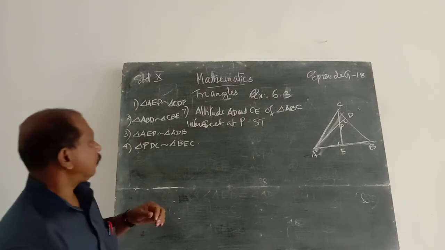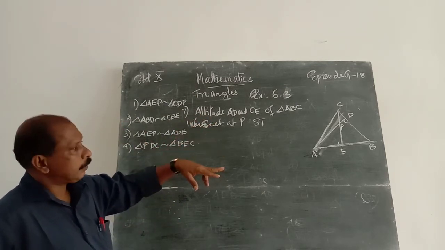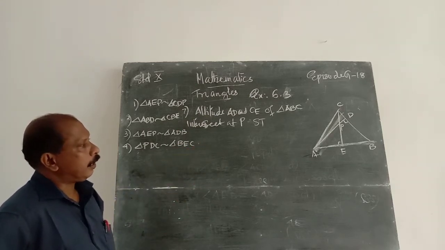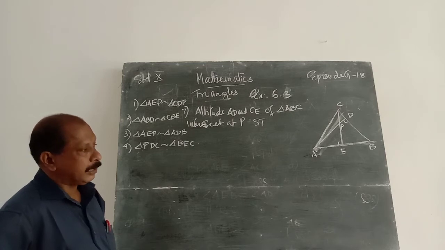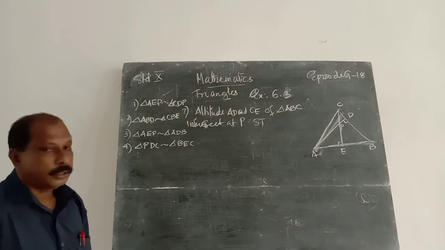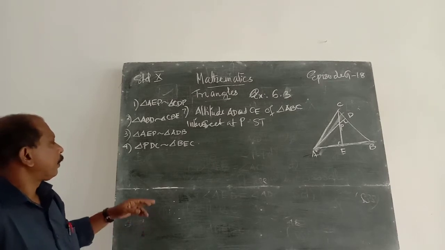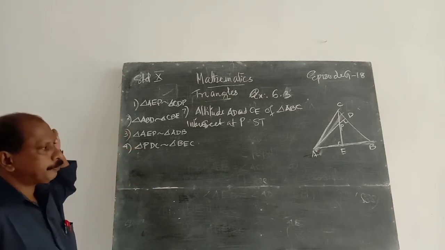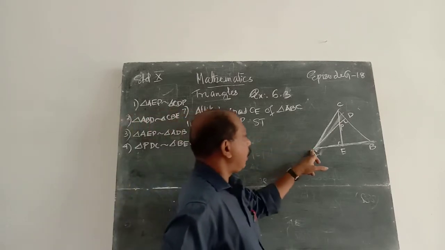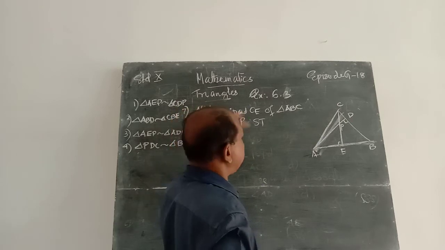That means, what is the question? AD and CE are the altitudes to the sides BC and AB of triangle ABC. These two altitudes intersect at P. Show that triangle AEP is similar to triangle CDP.